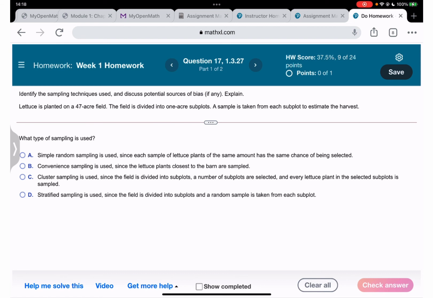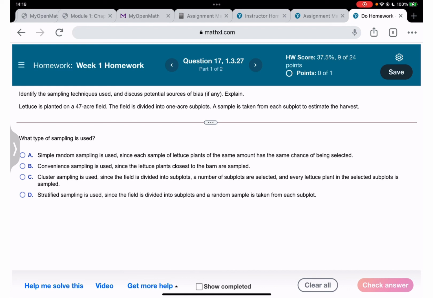Number 17. Identify the sampling techniques. So what do we have? Simple, convenience, cluster, stratified and systematic. We learned already cluster, stratified and systematic, but we are not familiar with simple and convenience. Convenience is when you are sampling at your convenience.